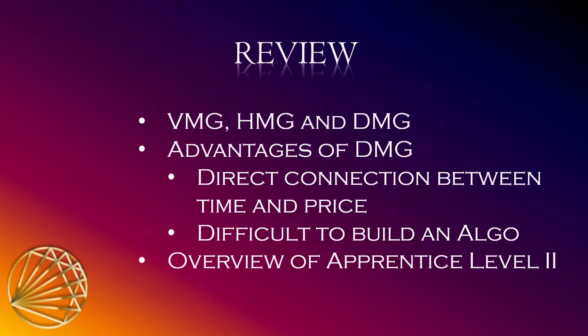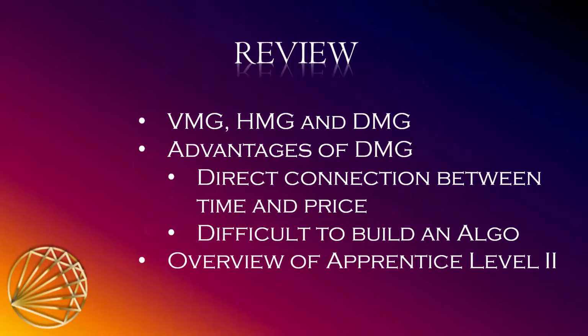So let's review what we've covered in part 1 of level 2. We identified 3 different types of market geometry. Number 1, the vertical axis, the price axis, and how to measure that. The typical tools that we used in Initiate Level 1 are the price retracement and price extension techniques. That would be vertical market geometry.